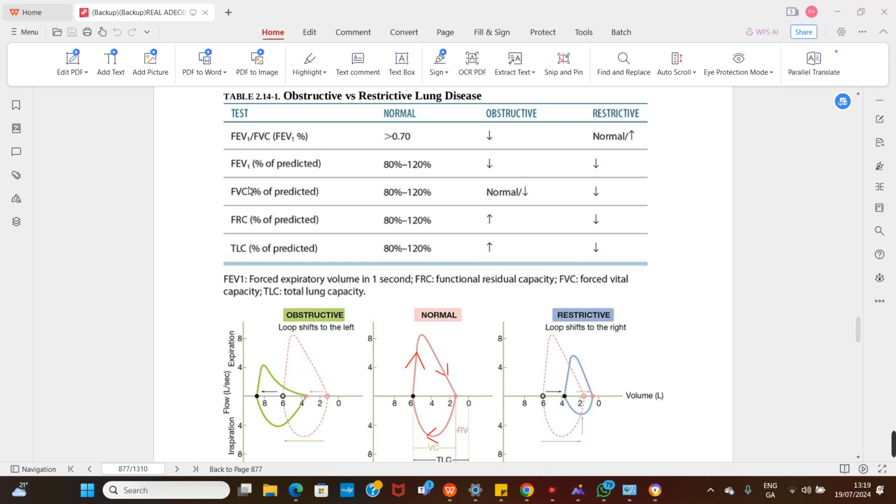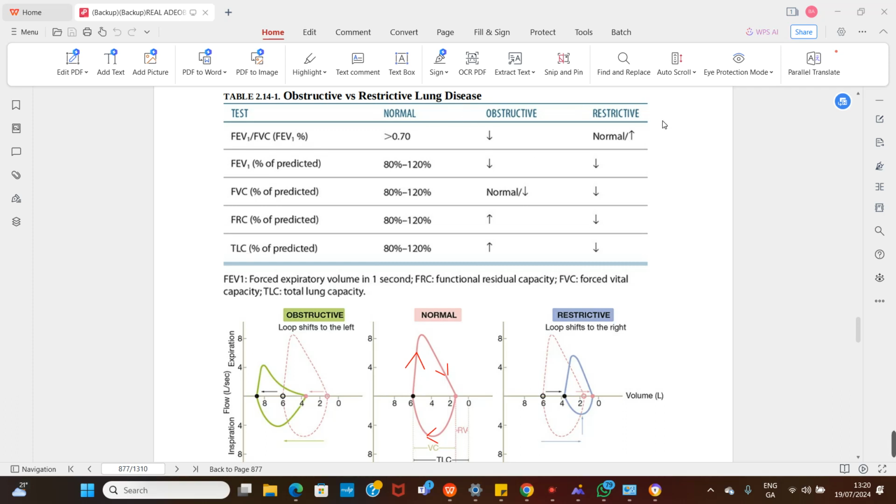So the volume of air that will remain in the lungs at the end of expiration is going to be increased. That's why FRC increases in obstructive and the total lung capacity also increases. Because if FRC increases, total lung capacity will definitely increase, because your total lung capacity is a sum of your inspiratory capacity and your functional residual capacity.